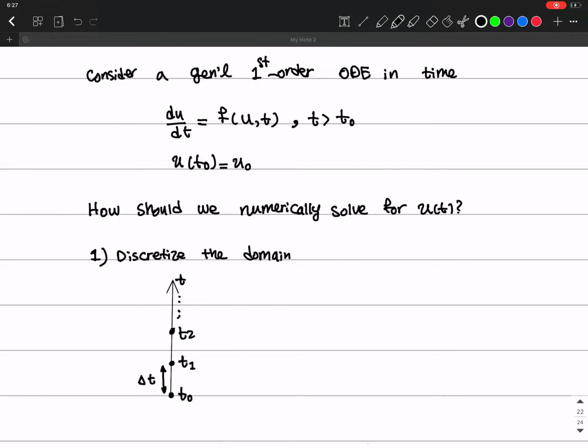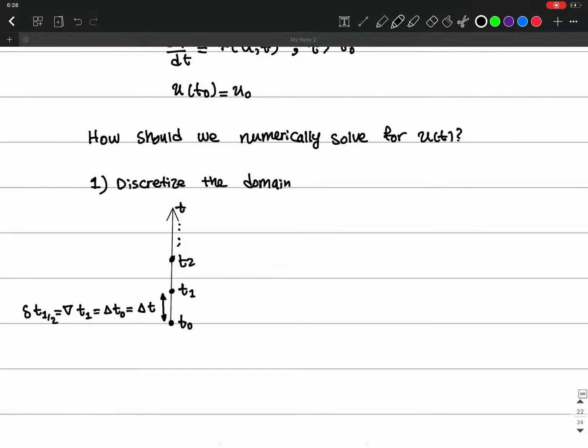But if I am here, I can write it as a forward difference, so it's going to be delta t0. If I am here, it's going to be a backward difference, so I'm going to write it as nabla t1. And if I'm in the middle, it's going to be a center difference, so it's going to be delta t1/2. Depending on where you are, these are the notations that we can use.